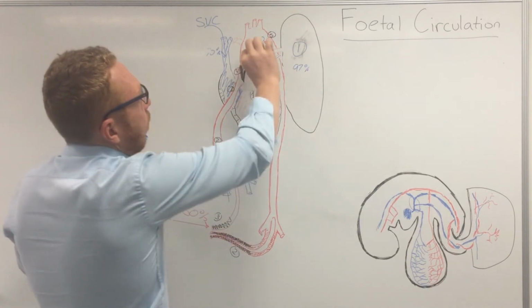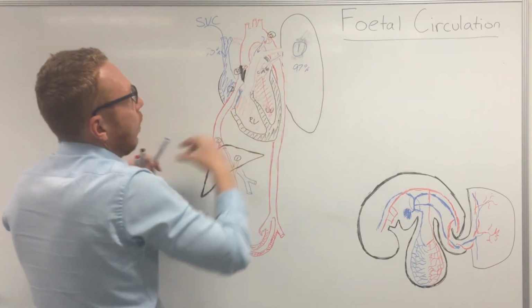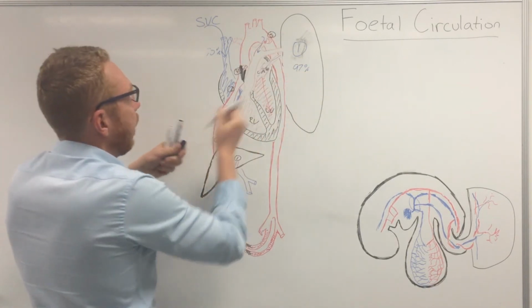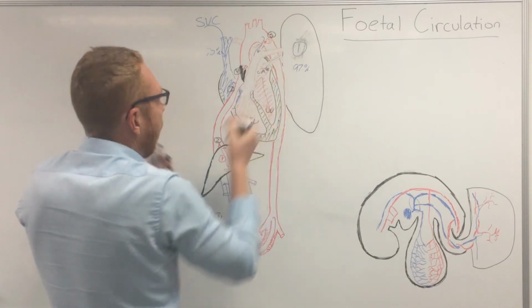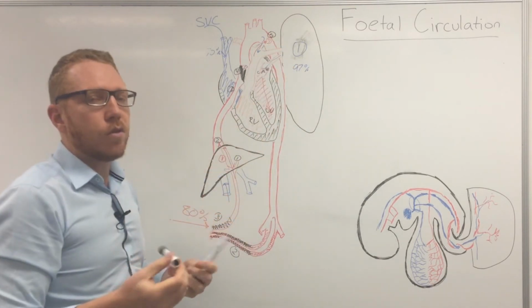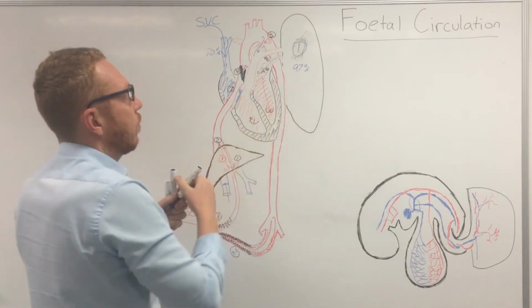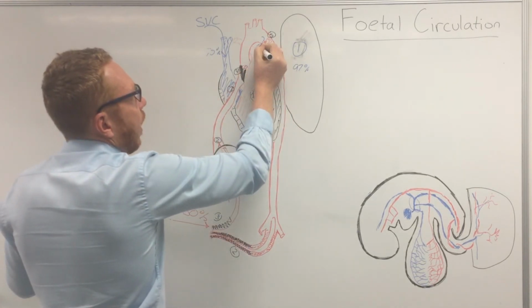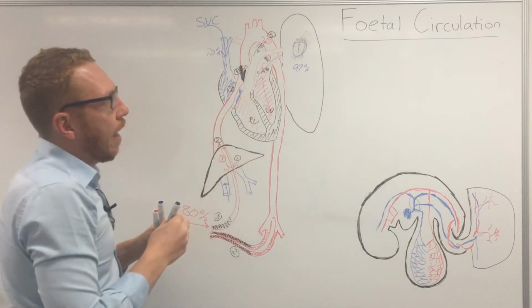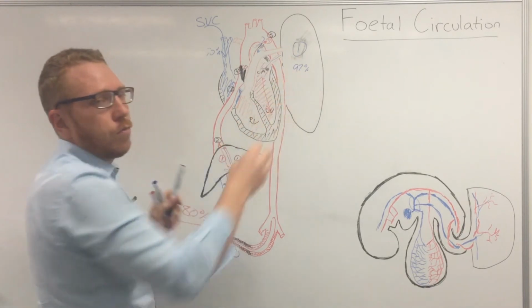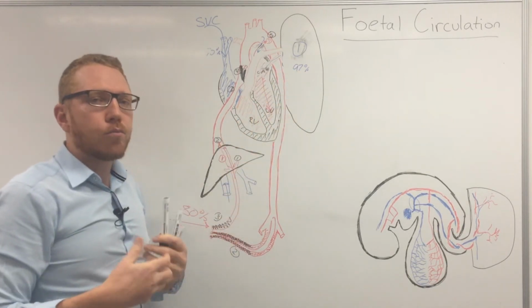because the oxygen is so high, the muscle in the ductus arteriosus, which is smooth muscle, constricts to a high amount of oxygen. So that's going to start narrowing off. As well, the lung itself releases a chemical called bradykinin.